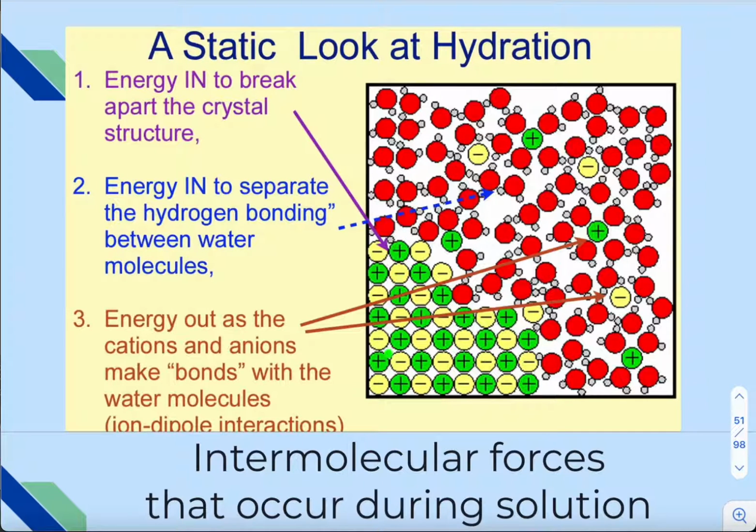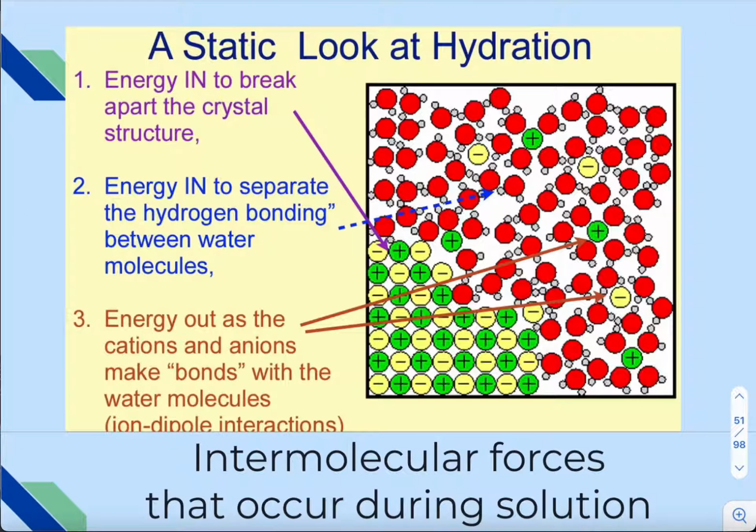That's what you would be seeing as the bond breaking. Energy also needs to go in to separate the hydrogen bonding, which is not a bond, it's an IMF or IPF, interparticle force. So it's going to break apart that bonding.